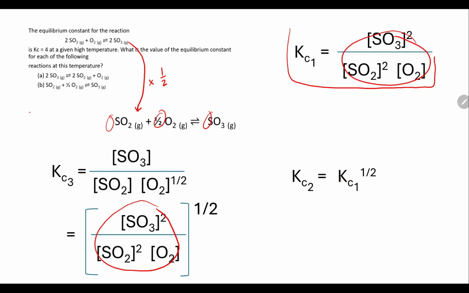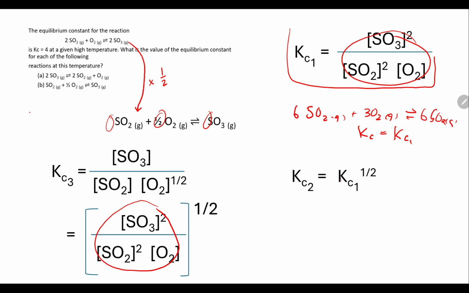So for example, if I took my equation and multiplied it by 3, so now I had 6 SO2 gas plus 3 O2 gas to form 6 SO3 gas, then the equilibrium constant for this reaction would be equal to my original equilibrium constant. And because I multiplied my first equation by 3 to get to this, I would therefore raise this to the power of 3.